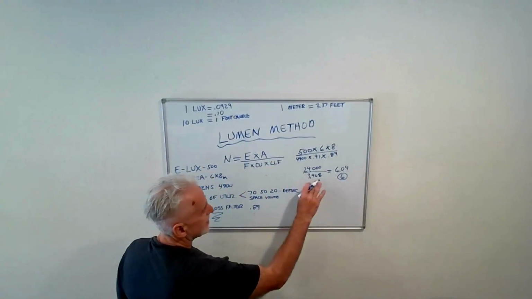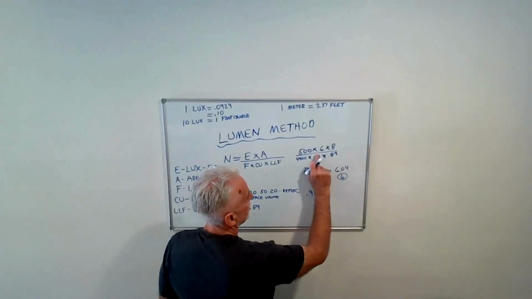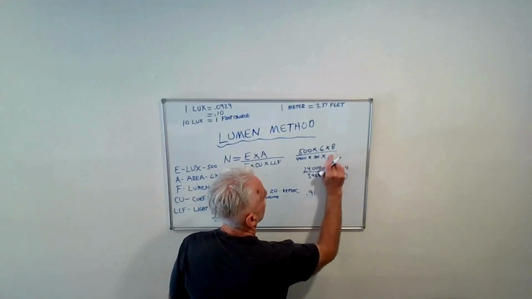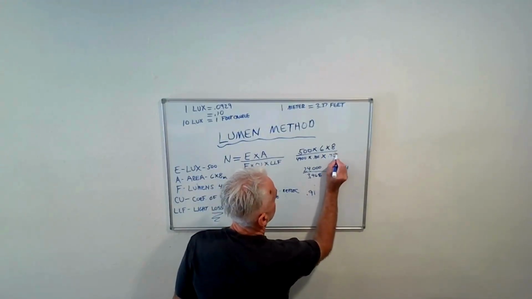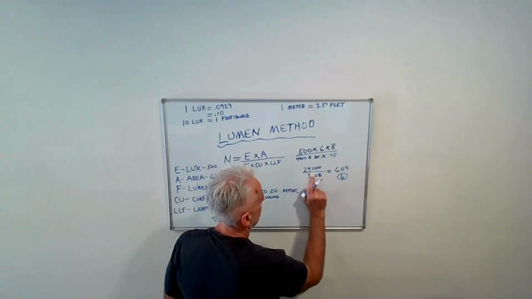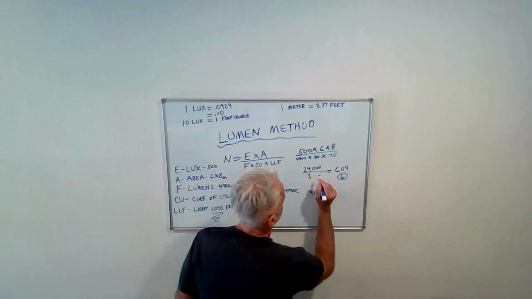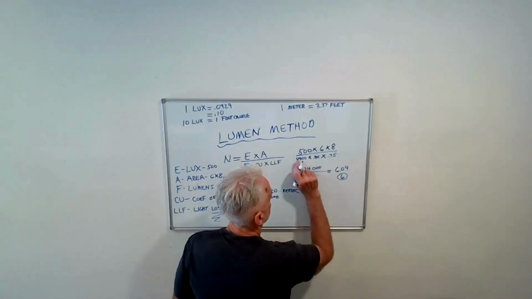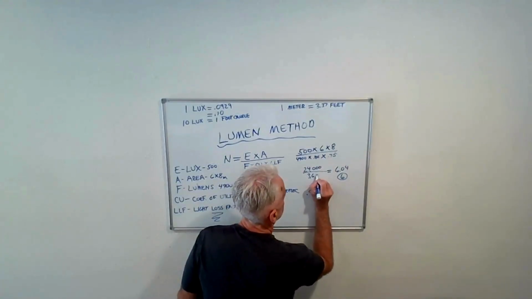If I had done this, and let's say these numbers were not as good, let's say this was 0.85, this was 0.75, and so this is reduced down to, and I'm just making up numbers, let's say 3,600.